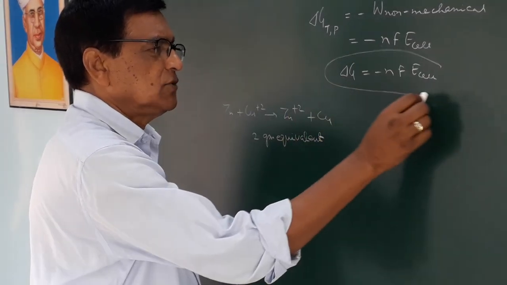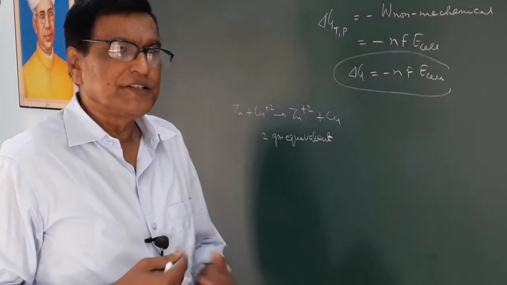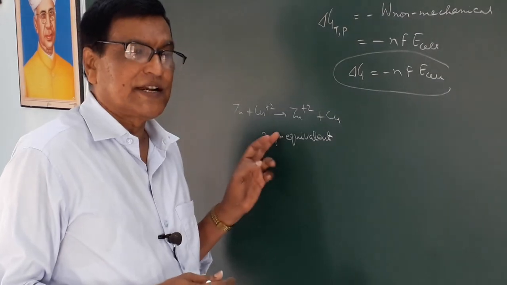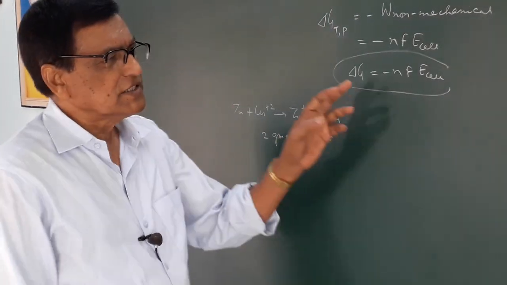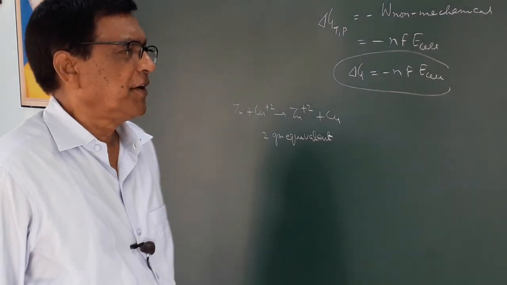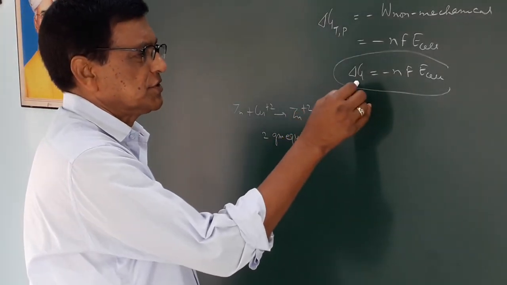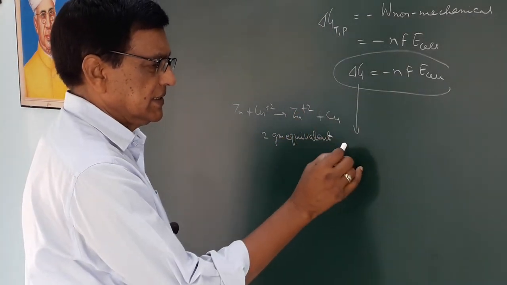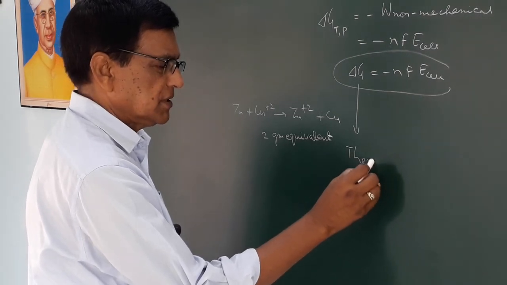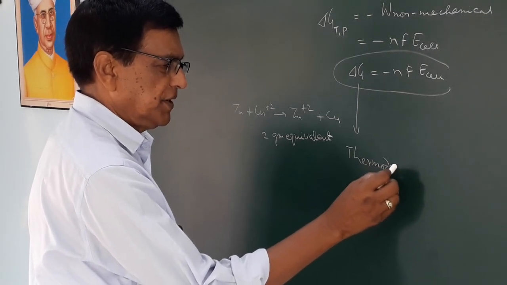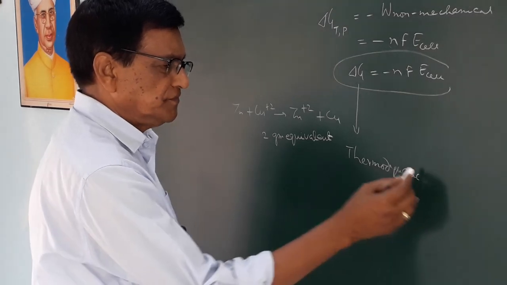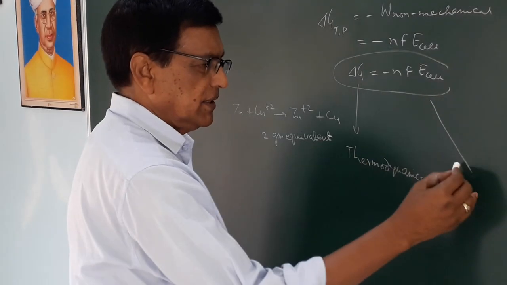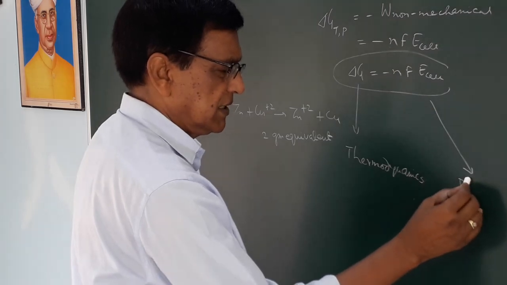This delta G is the free energy change of the cell reactions, the reactions occurring in the cell. This relation is very important. Actually, it is obtained in the thermodynamics chapter, and this one is electrochemistry.